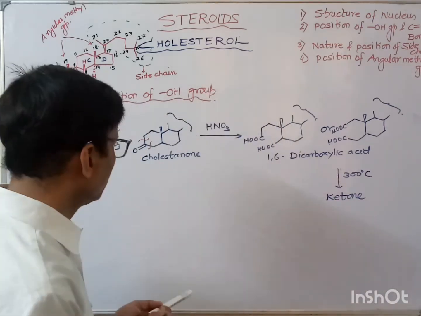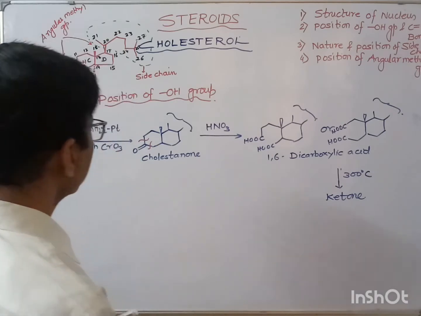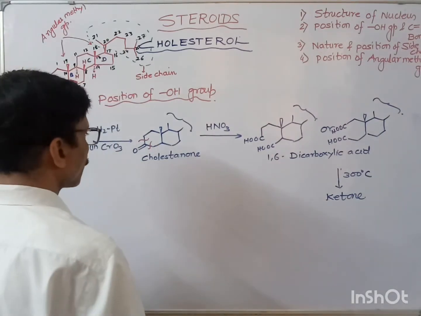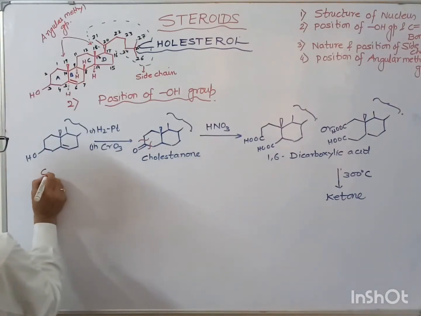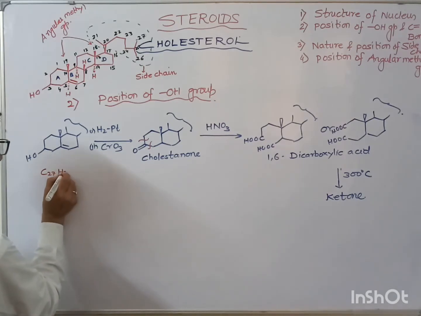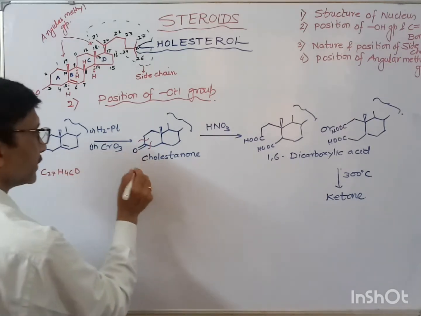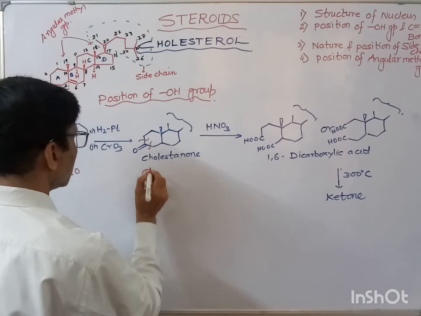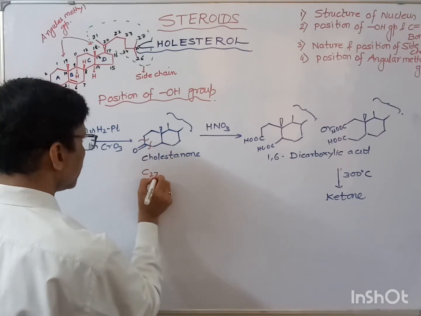Now if we see its formula, no doubt it has C27H46O, and this has the formula C27.